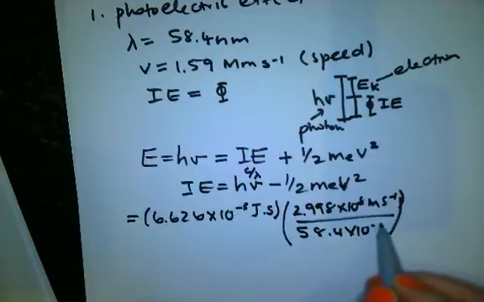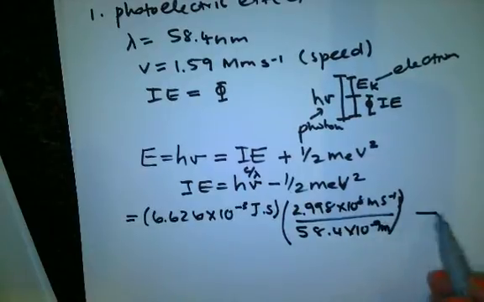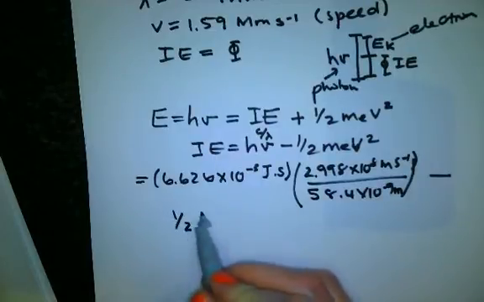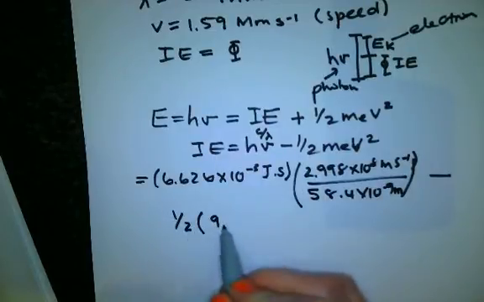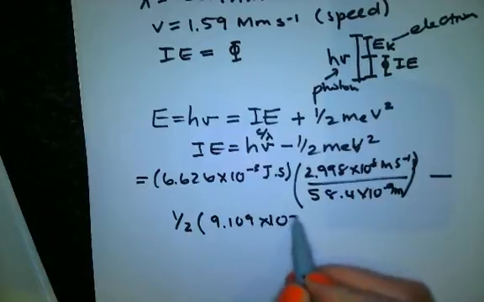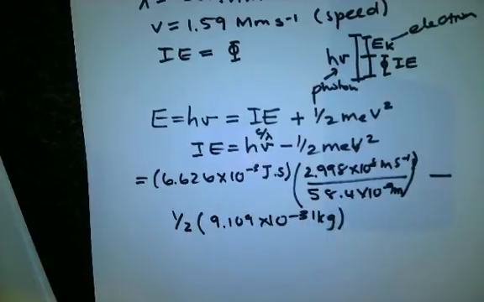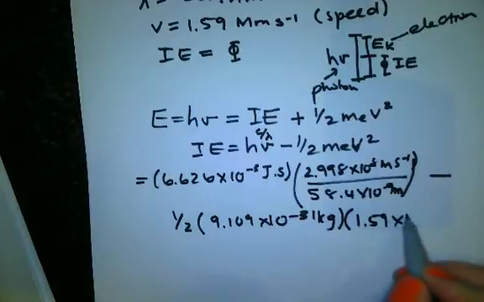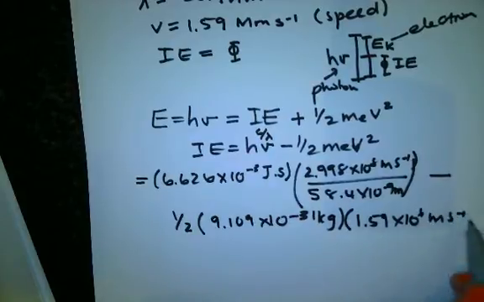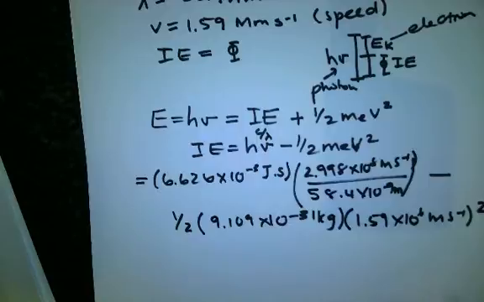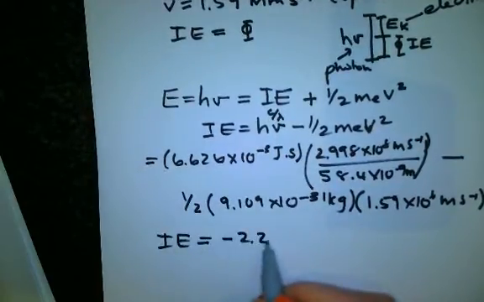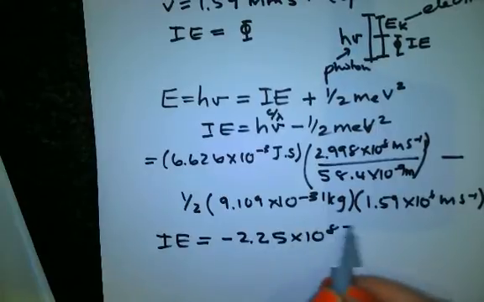Minus the second term, which I'm just going to write here: the mass of an electron, which you will be given if it's not in the data sheet, and the speed. So if you calculate that, you can find the ionization energy of krypton.